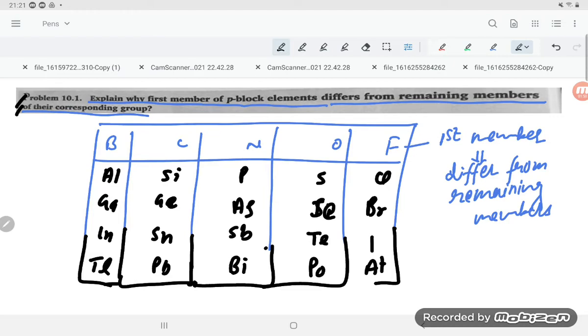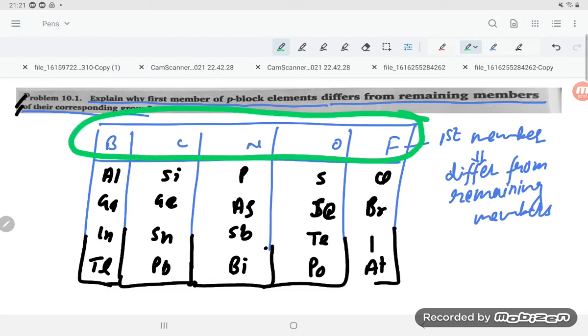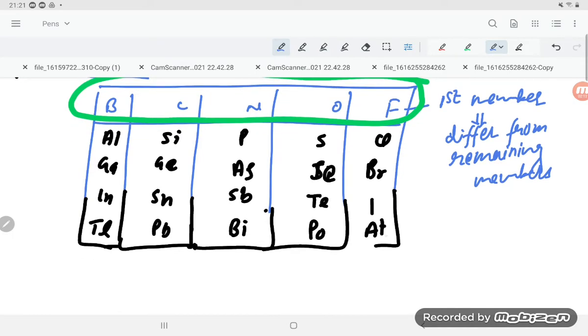So they are saying, students, these elements differ in properties from the other remaining elements, and that is why it is happening. First point, due to small size.